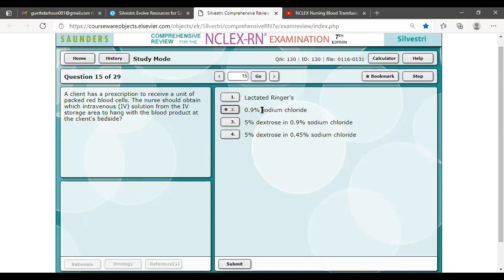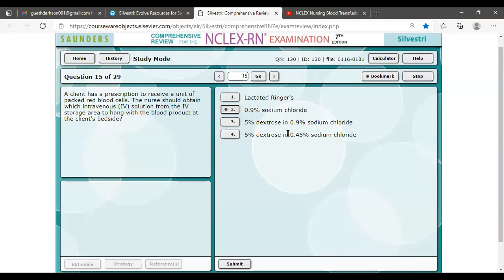One is called hypotonic. Another is called hypertonic, like 5% dextrose in 0.45% sodium chloride, or 5% dextrose in 0.9% sodium chloride. Both are hypertonic, meaning their tonicity is greater than extracellular fluid, right?